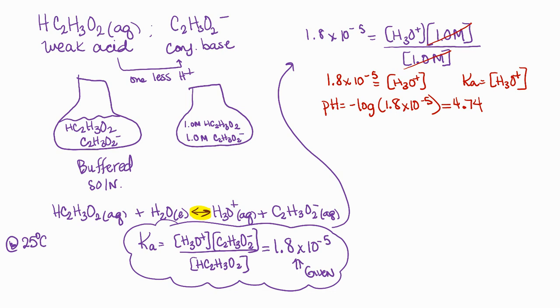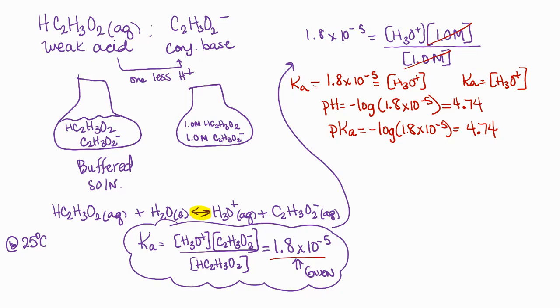Now, here's what's interesting. pH equals negative log of the H3O plus, but this also equals Ka, right? That's the Ka value that was given. So actually, I can also say that the pKa is 4.74.